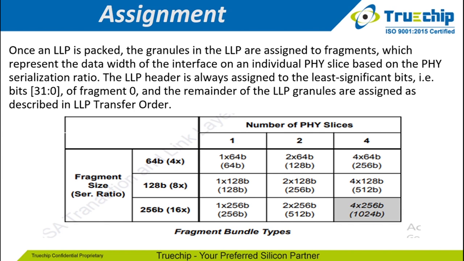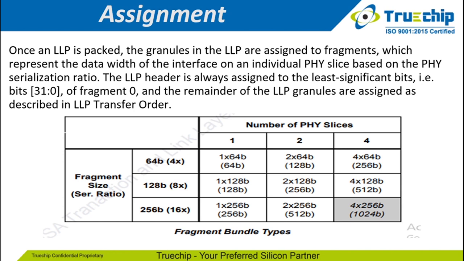In the table we can see that the PHY layer can have different numbers of slices: 1 slice, 2 slices and 4 slices. The PHY layer can also have different fragment sizes like 64 bits, where 64 bits of data will be transmitted from link layer to PHY layer, 128 bits, where 128 bits of data will be transmitted, and 256 bits, where 256 bits of data will be transmitted.